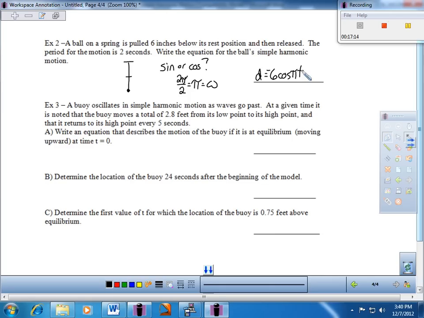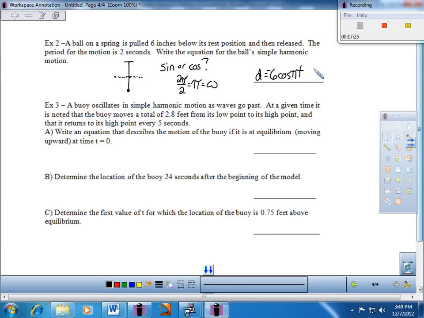The midline is going to be 0 because here is your midline between a positive 6 and a negative 6. That's why, when we created these models initially and boxed those up, there was nothing on the back end. There's no phase shift, and the midline's 0. All right, so negative 6 cosine pi t.